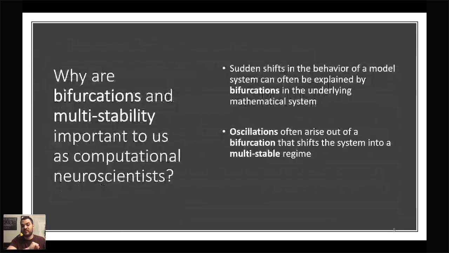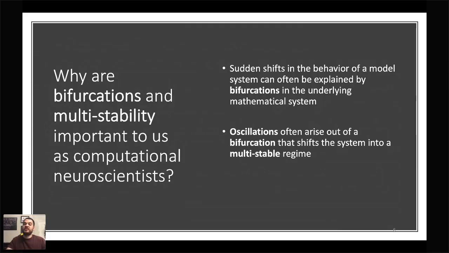Now, why are these terms, bifurcations and multi-stability, important to us as computational neuroscientists? Well, they actually can describe some of the behaviors we see in the brain quite well. So in my research, I'm very interested in understanding seizure initiation. And that's often thought of as a bifurcation in the dynamics of the brain.